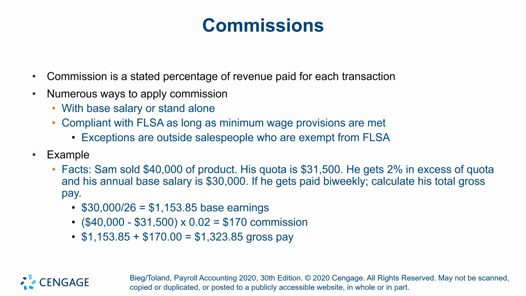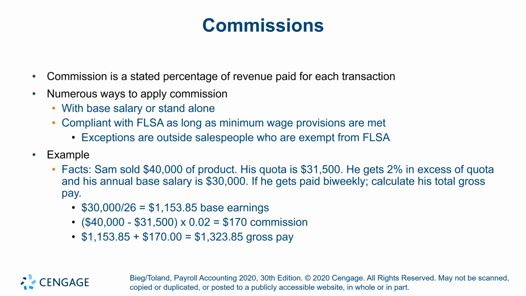An example of this, it says Sam sold 40,000 of product. His quota is 31,500. He gets 2% in excess of quota, and his annual base salary is 30,000. If he gets paid biweekly, calculate his total gross. Biweekly means every 2 weeks, so again, 52 weeks in a year divided by 2, that's 26 pay periods a year. We take our salary, 30,000, divided by 26.